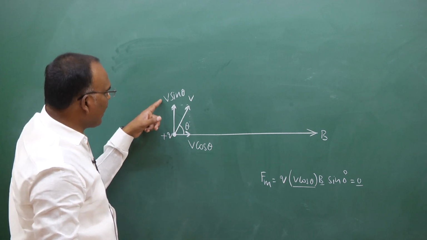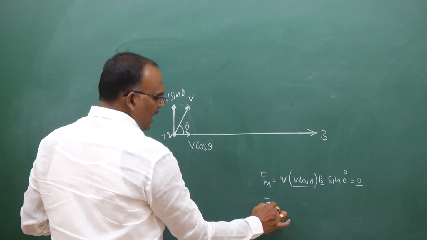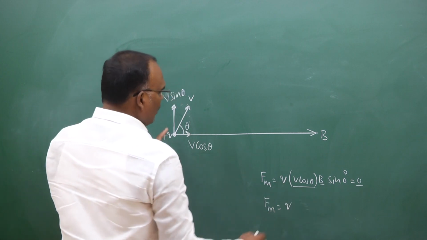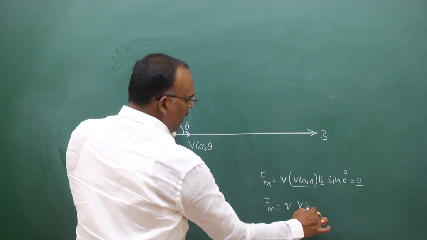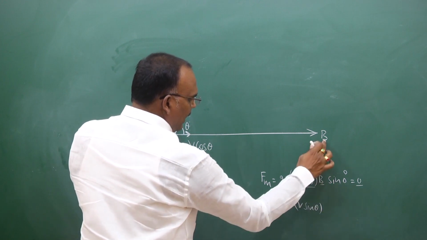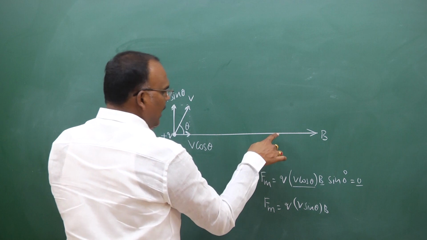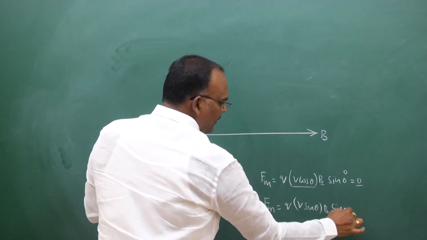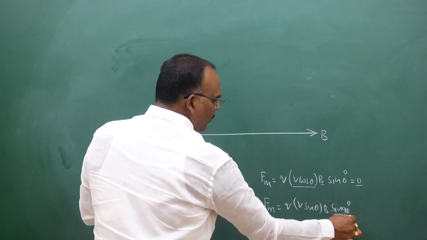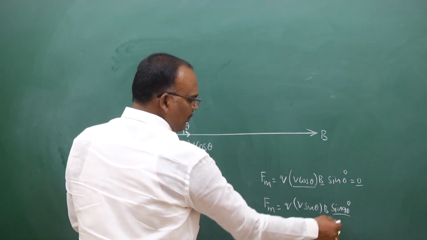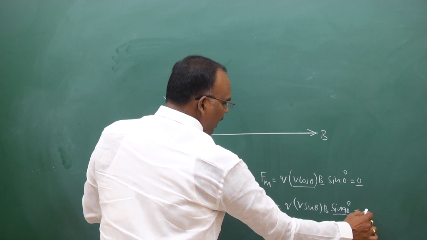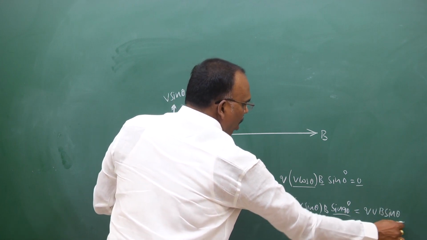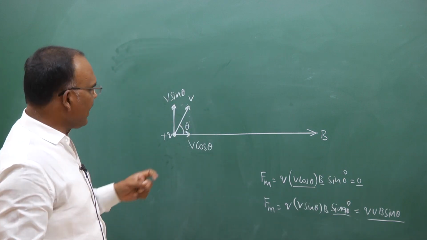For this component I will calculate the magnetic force: Fm is equal to Q into velocity v sin theta into magnetic field B, and the angle between magnetic field and velocity is 90 degrees, sine 90 is 1, so the force is maximum. You get the force QVB sin theta.